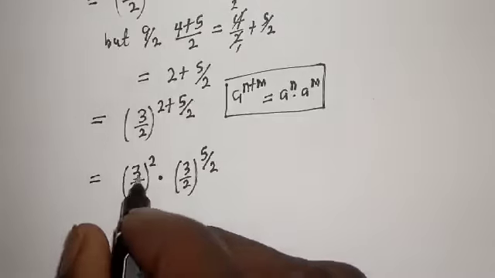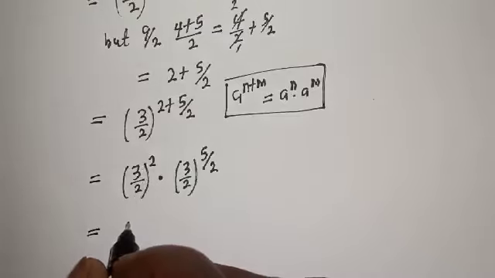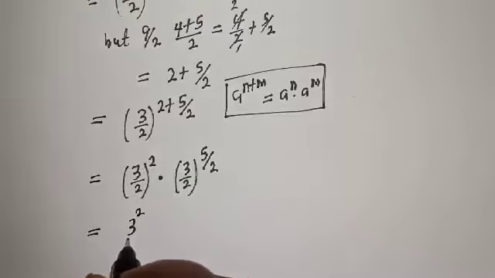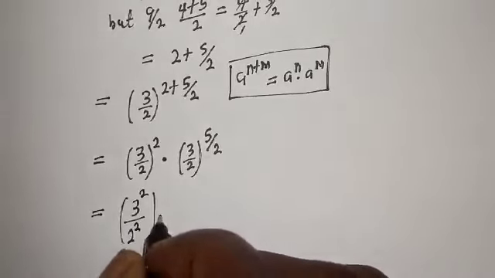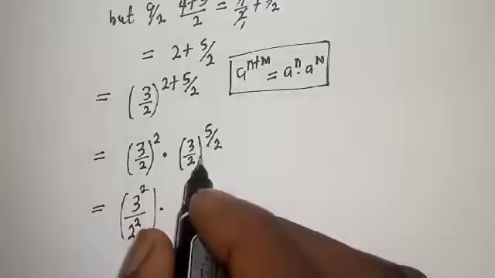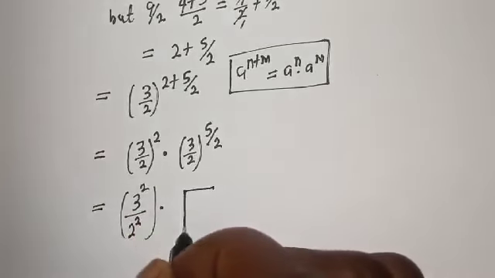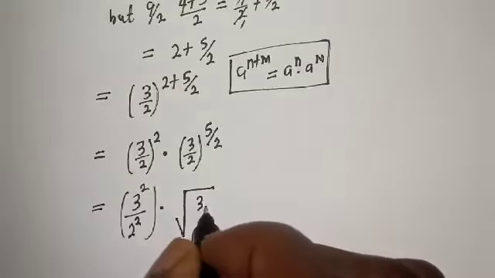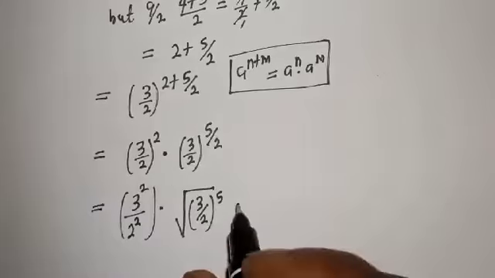Equal to 3 over 2 squared, which is 3 squared over 2 squared, multiplied by this, which can be written as the square root of 3 over 2 to the power of 5.